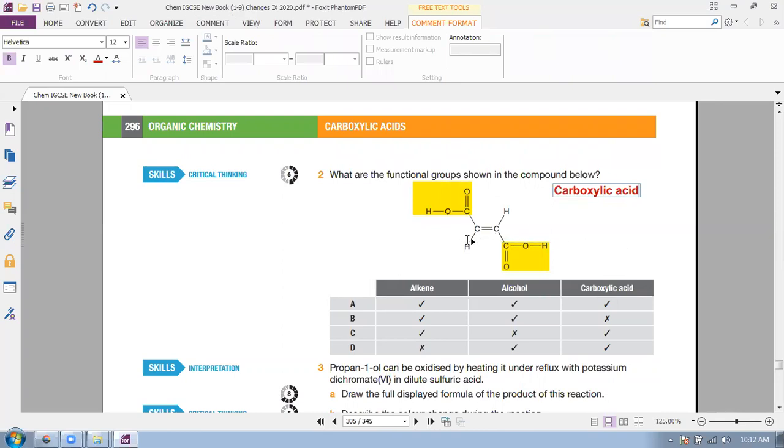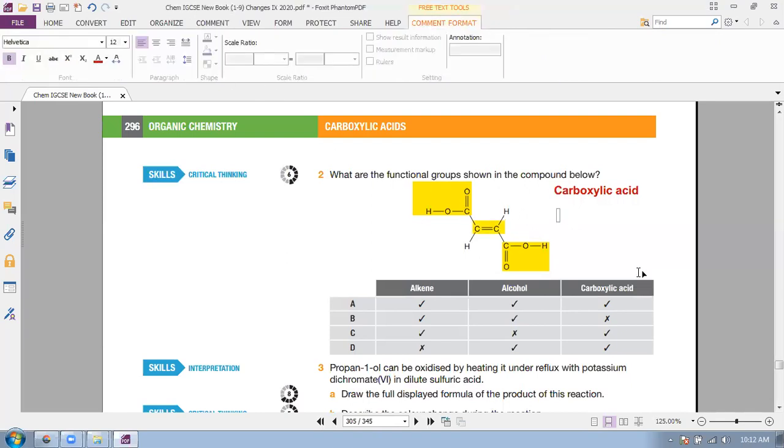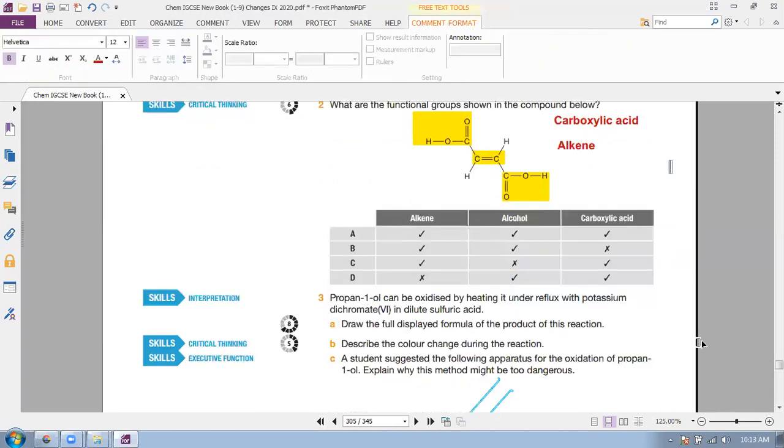Another one is the carbon-carbon double bond. You can see this carbon-carbon double bond. So this is the functional group of alkene. So we identified two functional groups. One is alkene and another one is carboxylic acid.